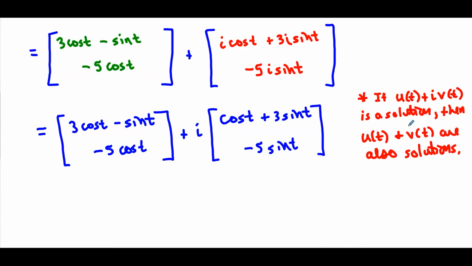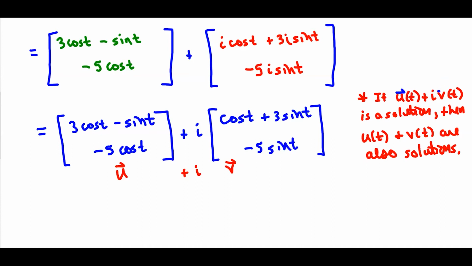And what's important about that is we drop the i. So this vector that's u plus i v, if that's a solution, then we can consider u by itself a solution, and we can consider v by itself a solution without the i. And the question is, does that also work with the vectors? Because here I have vector u plus i times vector v. And the answer is yes.